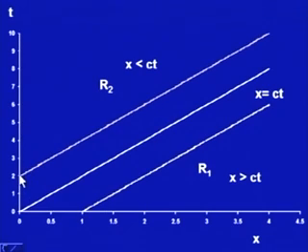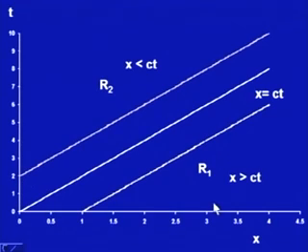So, x is equal to 0 would decide from where my characteristic is originating, or what should be my x naught. So, this line would be decided using my initial condition.